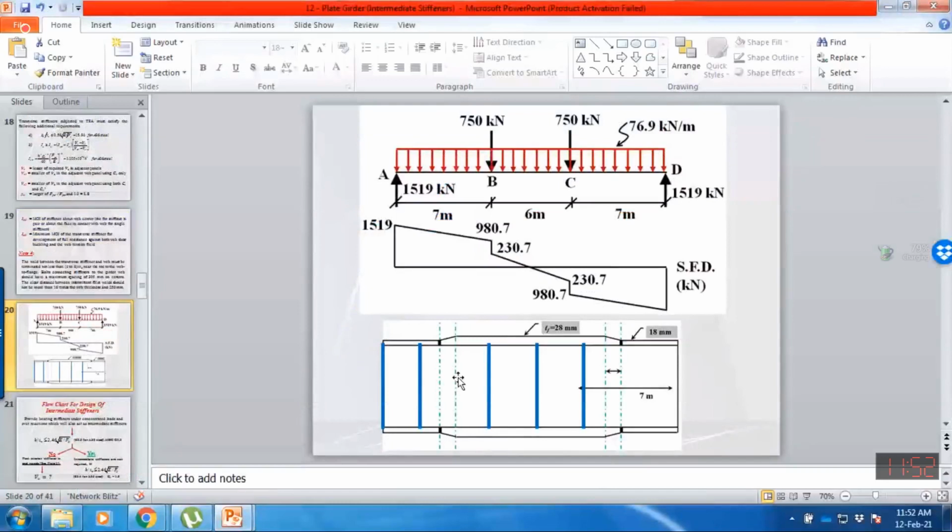Whichever panel is having less web buckling strength without tension field action, that is V_c1. Similarly, you need to determine the shear capacity of this web panel and this web panel, both with tension field action also. Whichever web panel has the lesser shear strength including tension field action, that will be V_c2. So if this panel is having lesser shear capacity with tension field action, then the V_c value will be based upon this panel. I will elaborate more when we are discussing design examples.